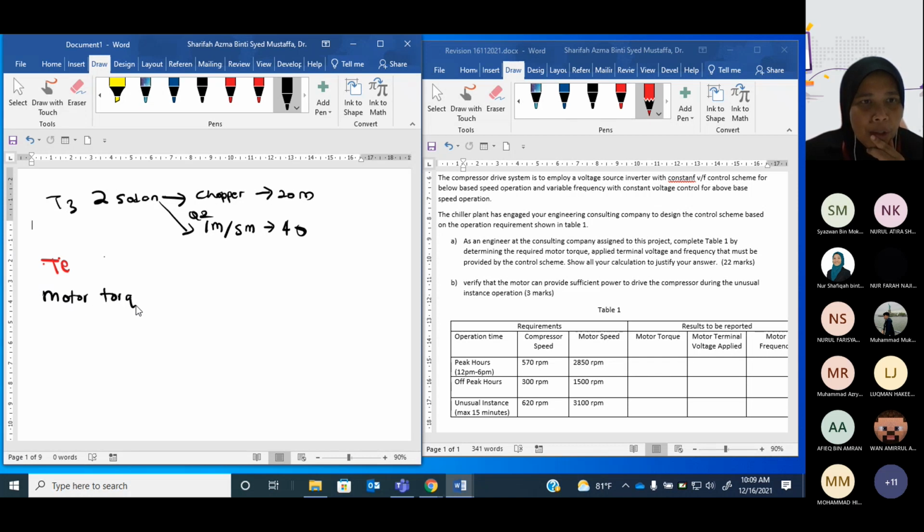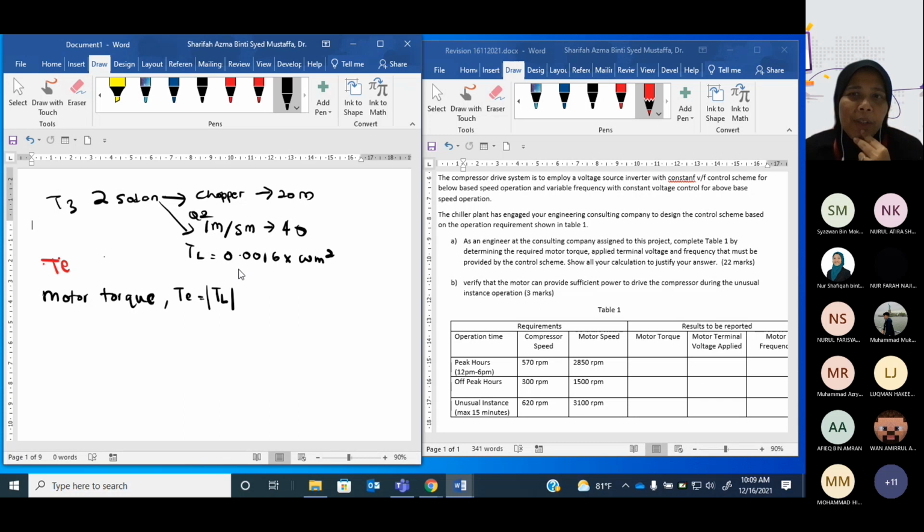How to calculate this motor torque? TE equal to TL. Okay, and you have the equation of TL. Let's say kita ambil 0.0016 times omega m squared.